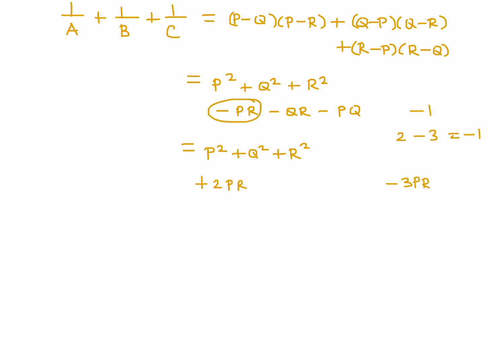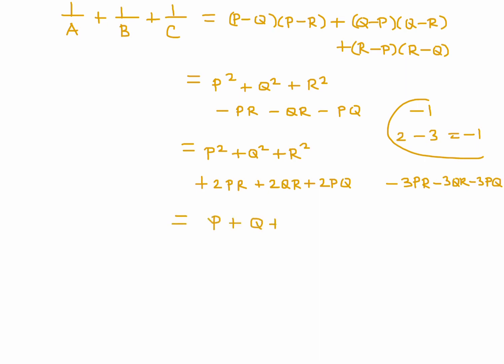The result is the same, but I'm doing that because I need to factor this to make it look a little bit more helpful. So 2qr, 2pq, and then of course on this side minus 3qr and minus 3pq. So now I can factor this. This actually factors very nicely to p plus q plus r all squared minus 3 times pr plus qr plus pq.